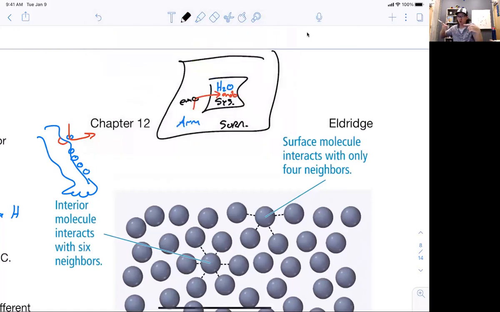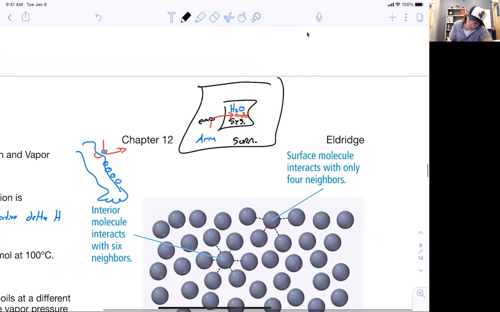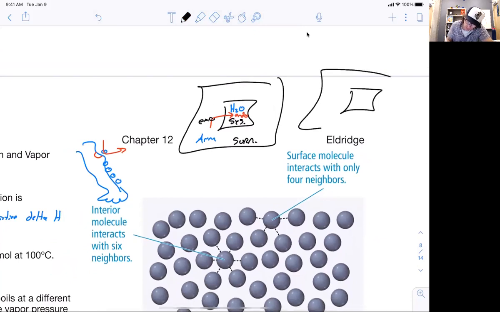If you were to reverse this, if you were to call your arm the system and the water the surroundings, then the system would be exo, right? So you define what's the system and the surroundings. The process, that part doesn't change.